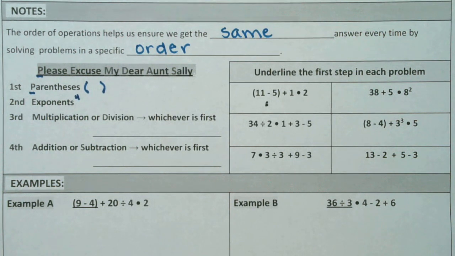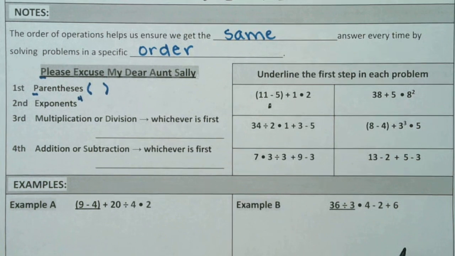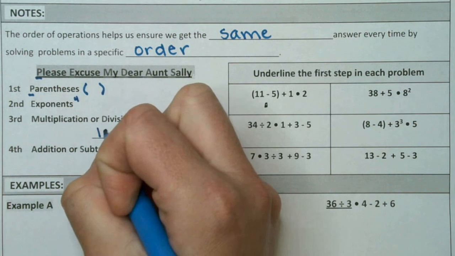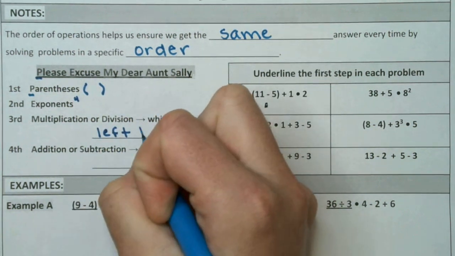Then our third most powerful operation is actually a tie. Multiplication and division are inverses, and they're equally powerful. So if they were superheroes and they fought each other, it would be a tie. So the way you decide which one is more powerful is whichever is first. And we're going to write in left to right.